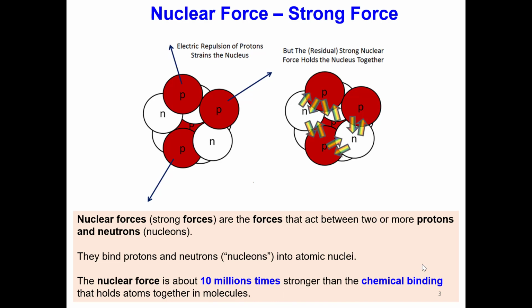Another point I would like to discuss is that this is a strong force but acts over a small distance.